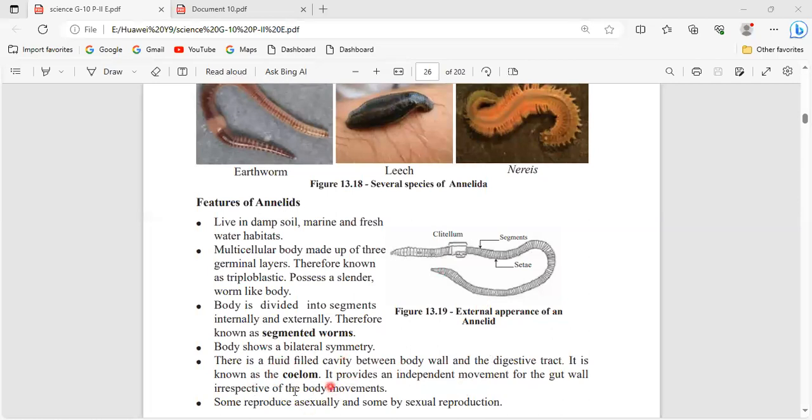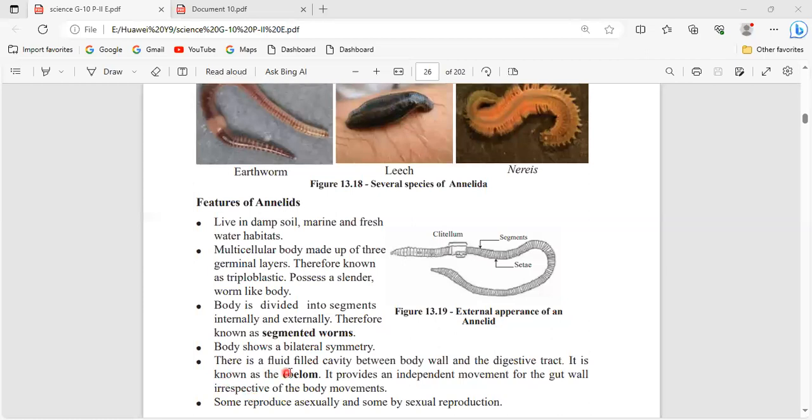Why do these annelids have this coelom? Because inside they have fluid. For their movement, they move using the muscles. To move from place to place, they have this coelom. With the help of the coelom, the body cavity, and the muscle, they move.